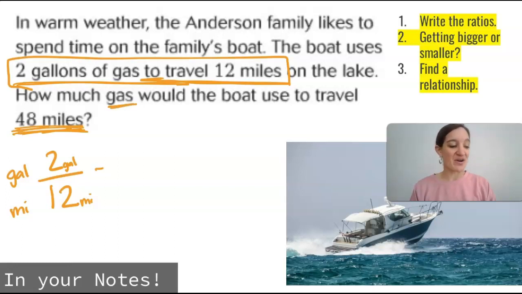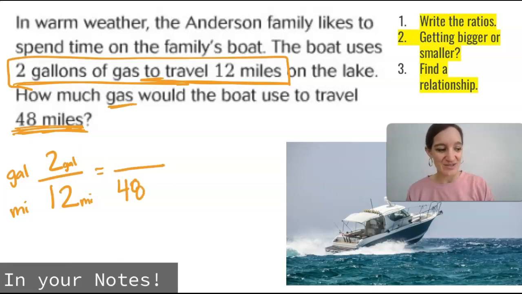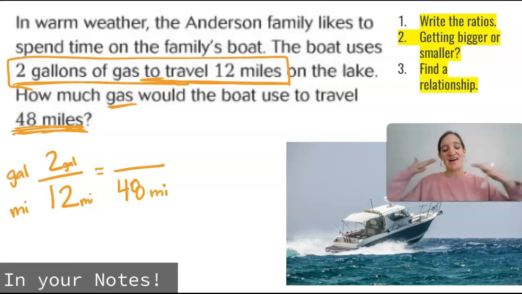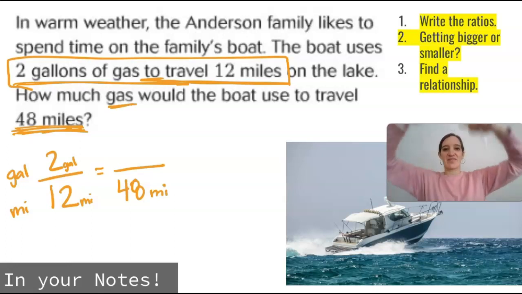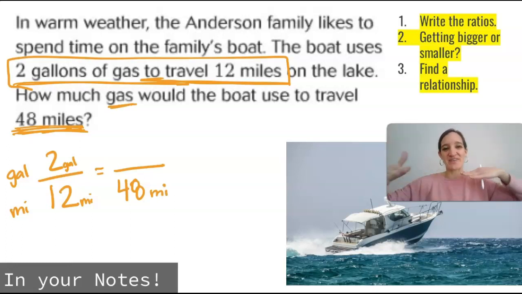So instead of going 12 miles, I'm going 48 miles. So I'm going to put 48 on the same line as the 12 because those are both my miles. And the question is how much gas. So I don't know how many gallons of gas I'm going to use. That's the unknown that I'm going to find out.